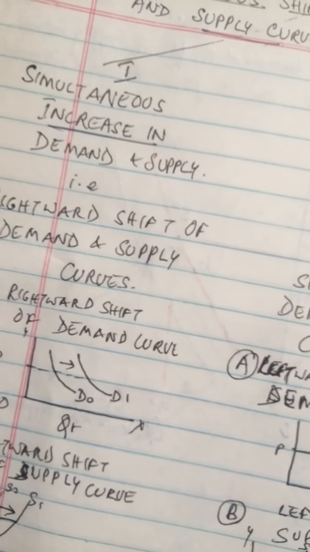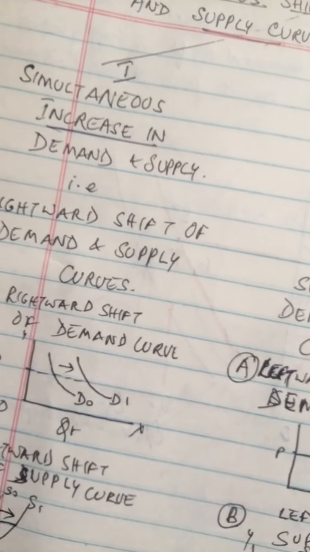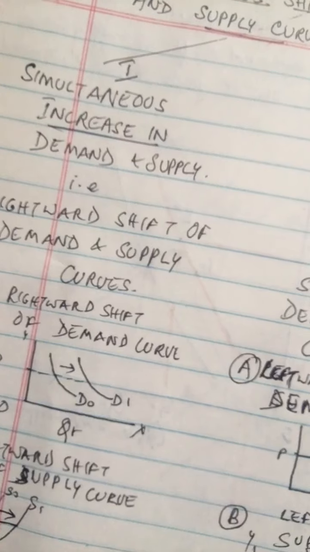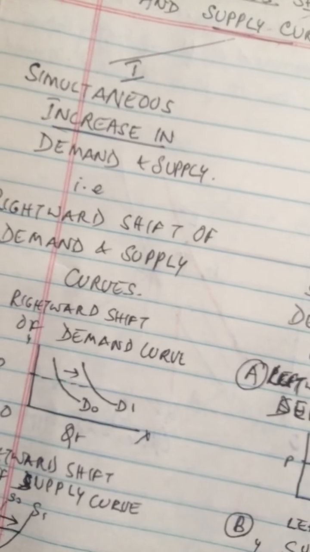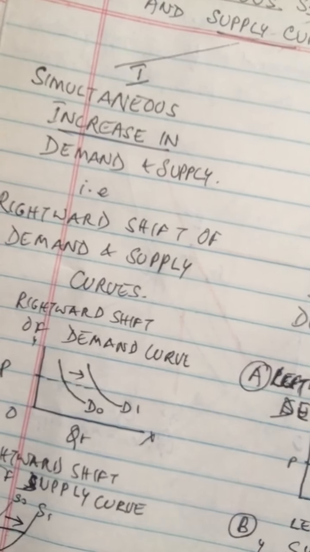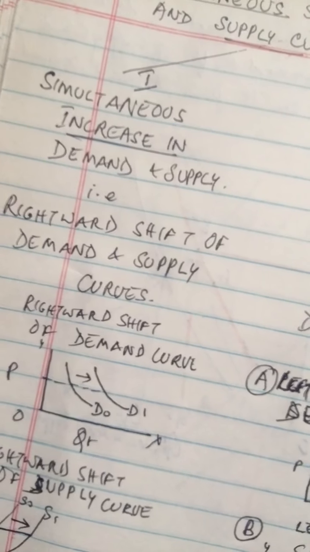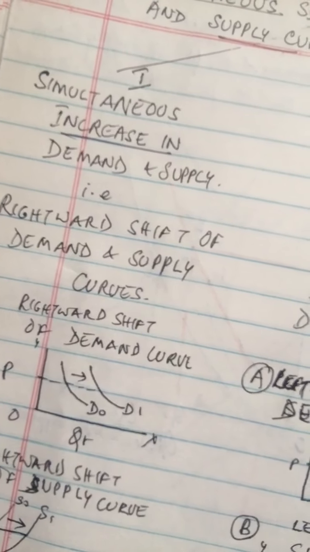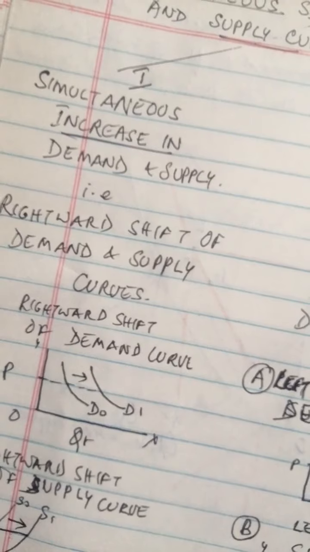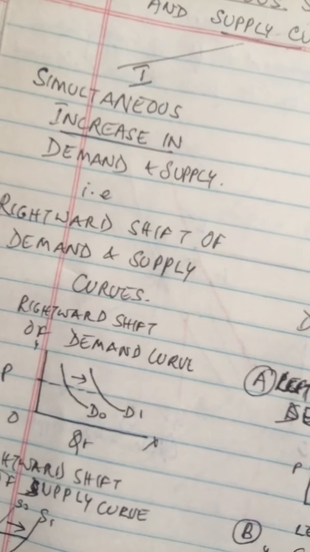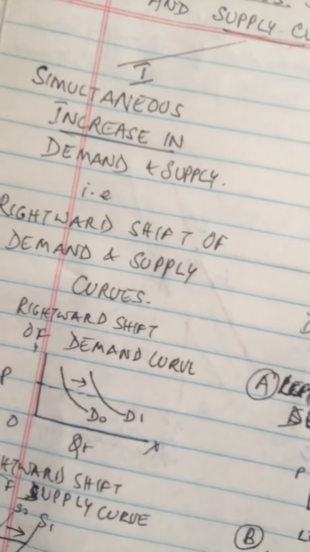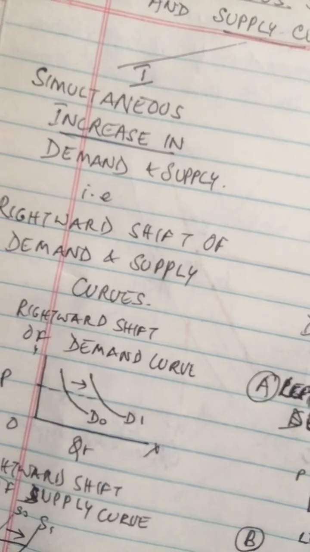The equilibrium price will increase. So also the equilibrium quantity. And if the increase in demand is less than increase in supply, then what will happen? The price will fall. The equilibrium price will be below the original equilibrium, and the equilibrium quantity will increase.